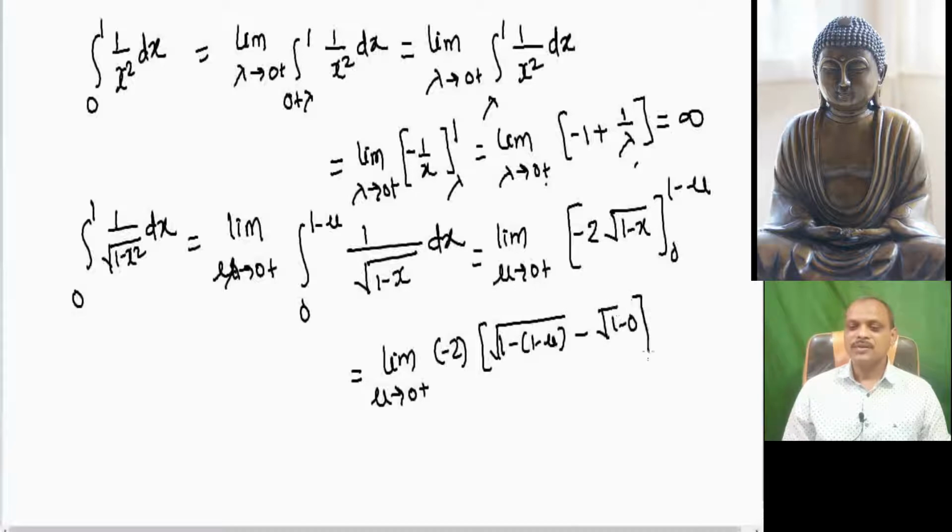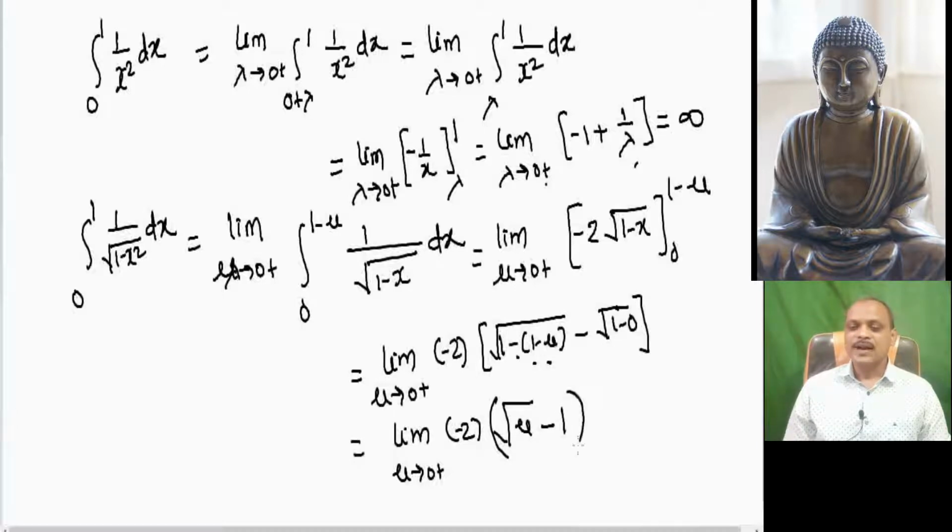Both terms are in root. Limit mu tends to 0 from right, minus 2 into minus 1 will cancel and minus minus becomes plus. So here this is minus under root of mu and under root of 1 is 1.